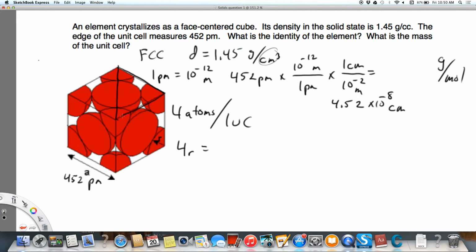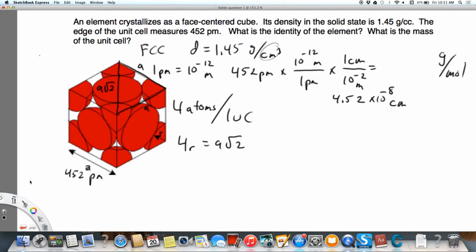Because they're not touching along the edge. So this is going to be A, this is going to be A, and this is going to turn out to be A, the square root of 2. So 4r equals A, the square root of 2. I'm just writing down everything we know here.